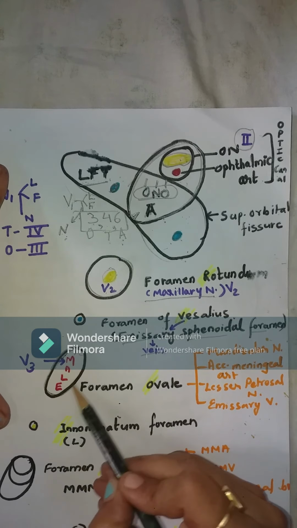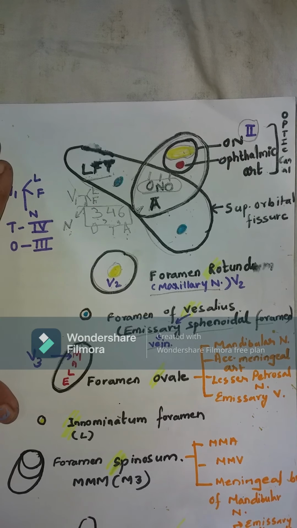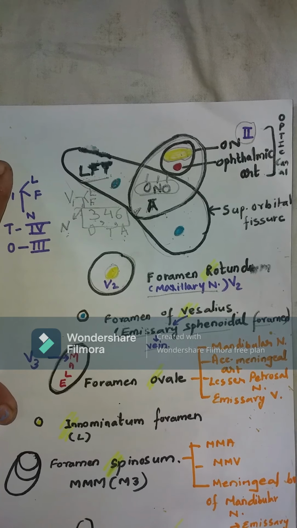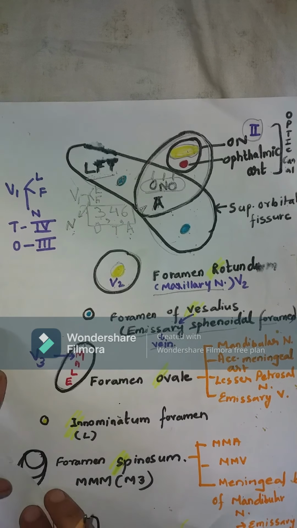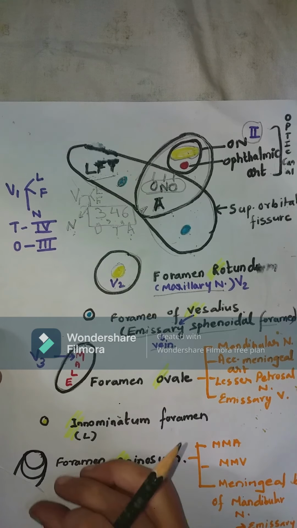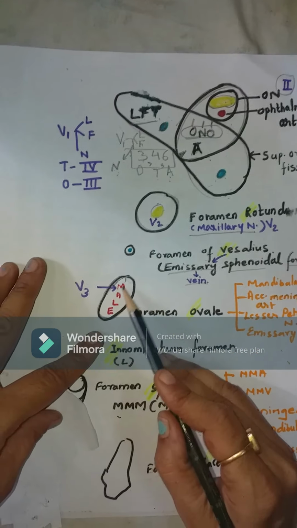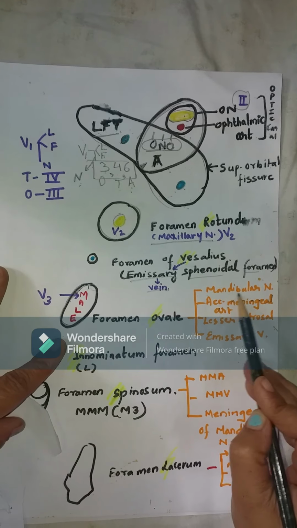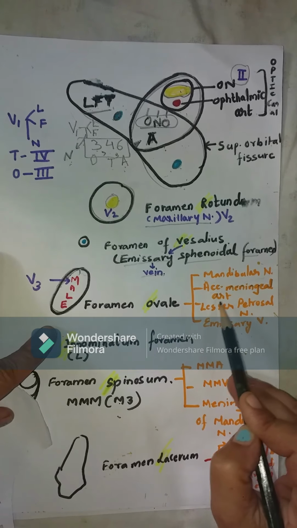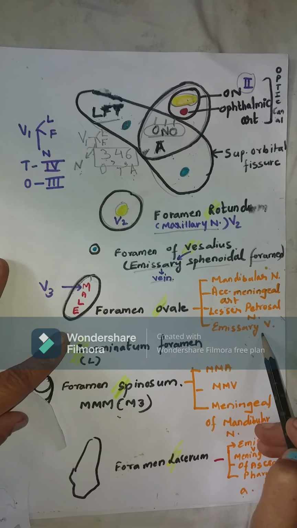And then comes the favorite of all the examiners, and what is that? That is foramen ovale. And what passes through foramen ovale? The mnemonic is MALE, and this refers to mandibular nerve, accessory meningeal artery, lesser petrosal nerve, and an emissary vein.